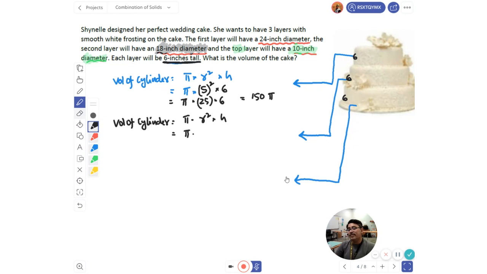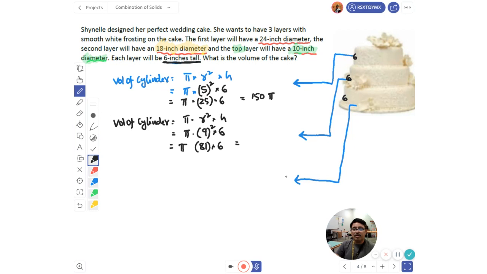If diameter is 18, then obviously radius will be half of 18. You know that is 9 inches, right? Therefore, 9 square times the height, and the middle layer also has a height of 6 units. So pi times 9 square gives me 81 times 6. Let me quickly compute. 486 pi. I just multiplied.